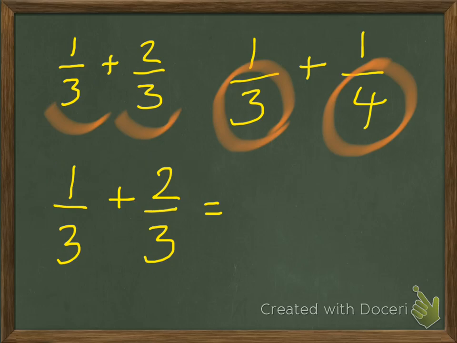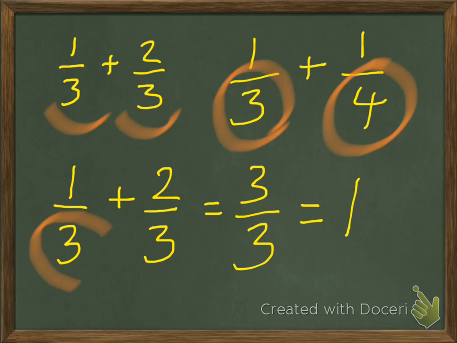In this particular instance it's 1 plus 2, which is 3 over 3, and we also looked at the situation where 3 over 3, one number divided by itself, would equal 1. So there's actually a couple of points being added there. And the clue for what we're going to be doing is the fact that the denominators were the same, and that will lead us into how we're going to deal with fractions with different denominators.